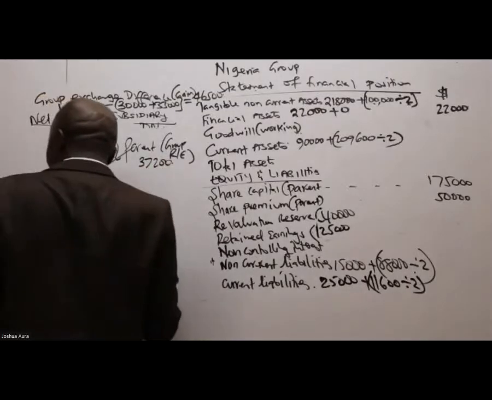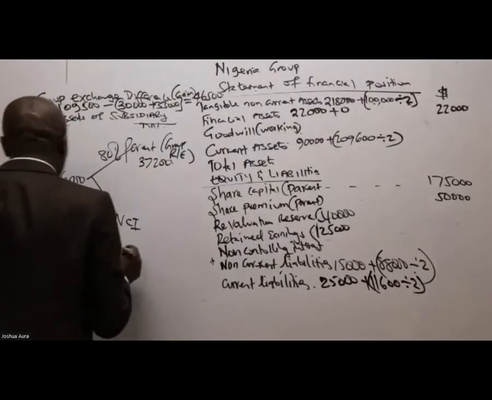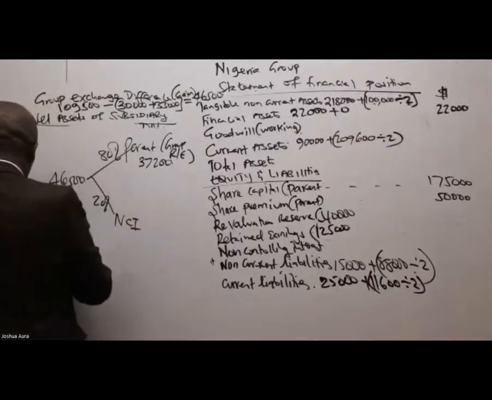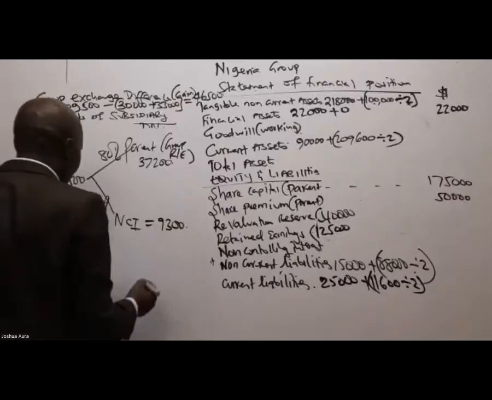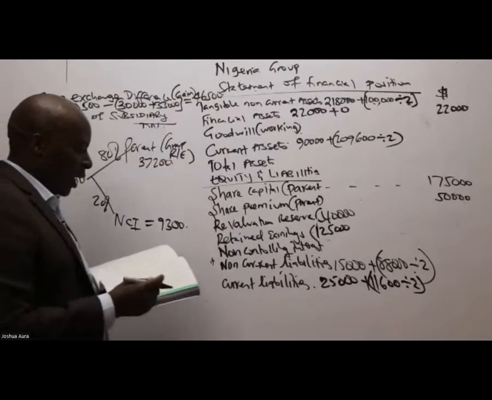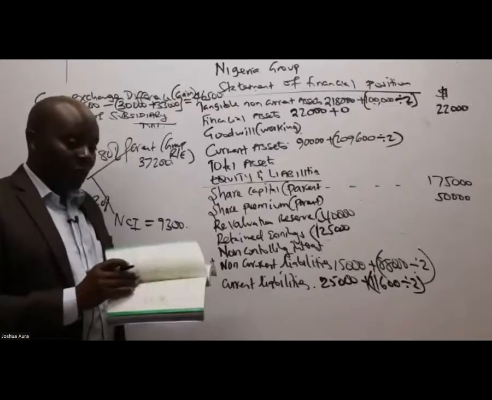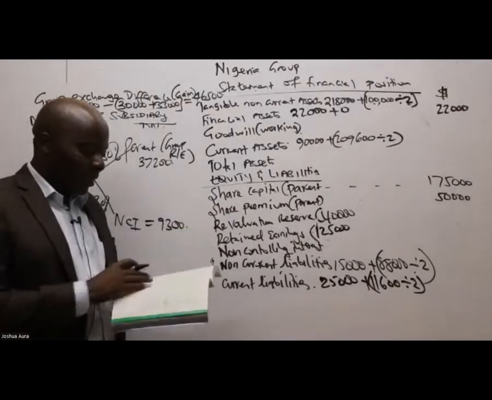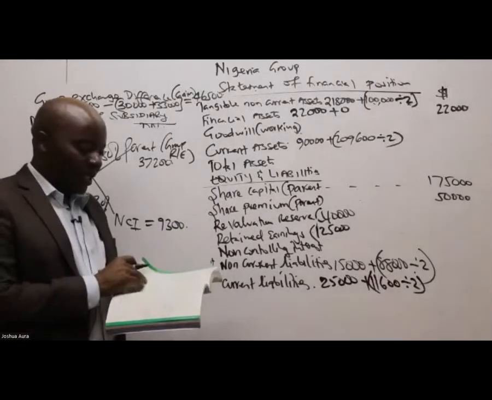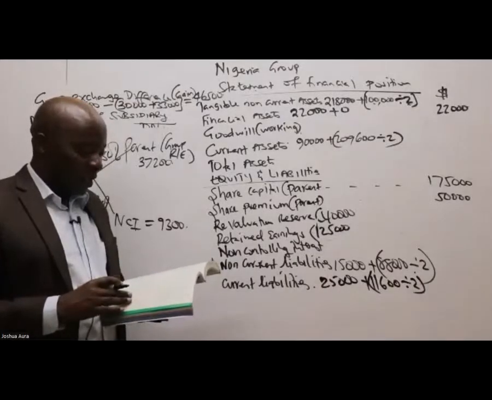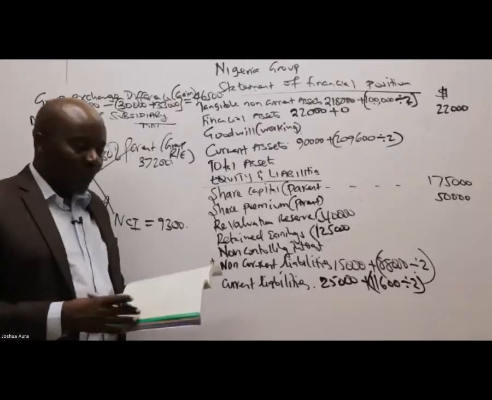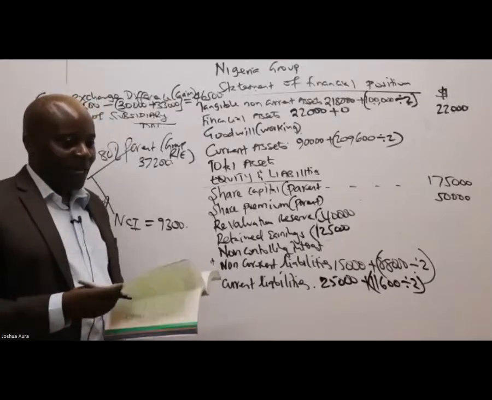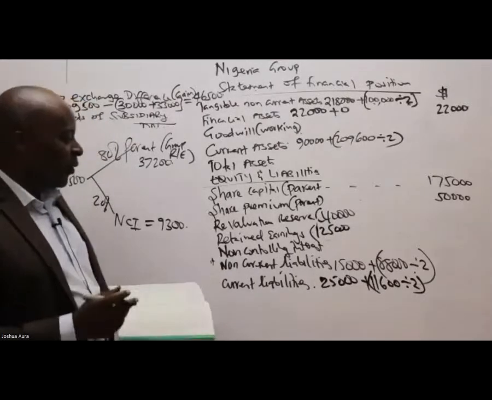And then we have, ladies and gentlemen, NCI, which is 20% of this. So NCI, I'm being told, is 9,300.